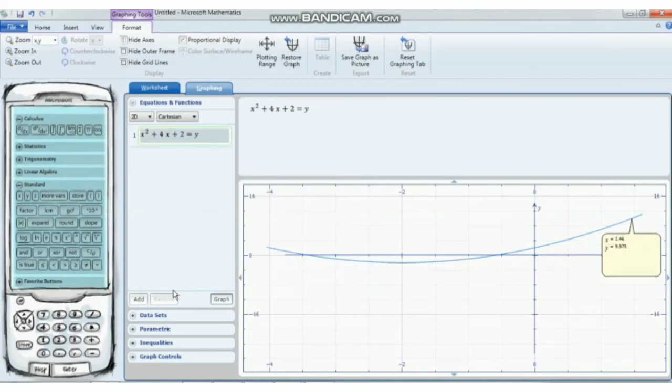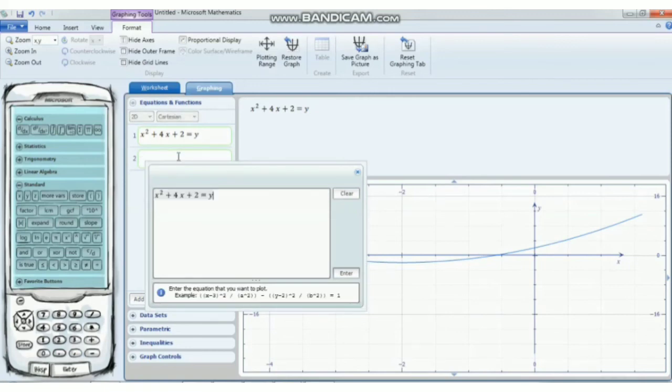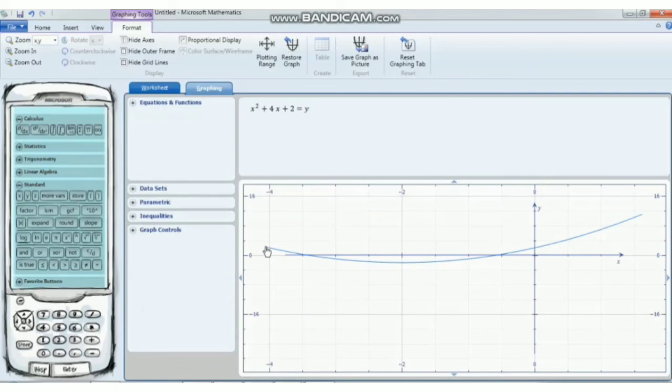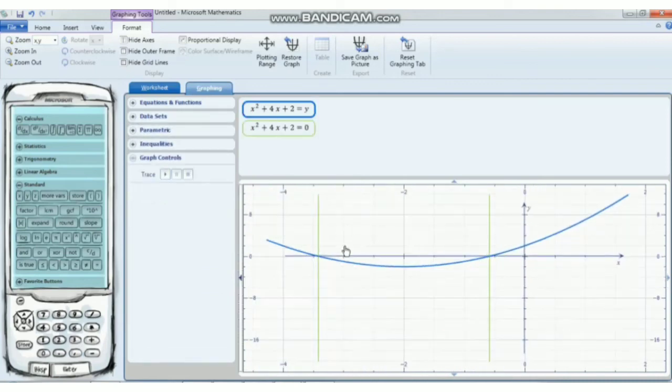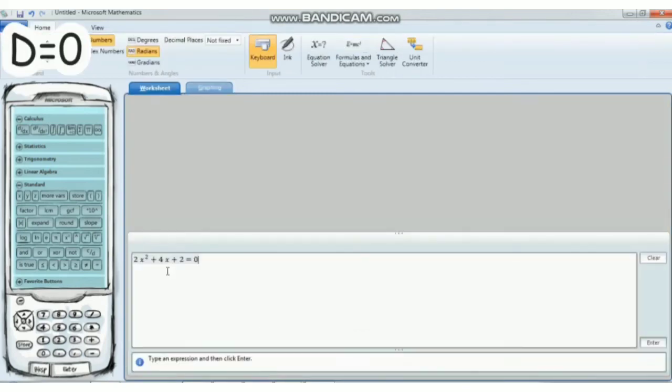You can write it there, equal to 0. To find the value of x when y is 0, there are 2 values of x.